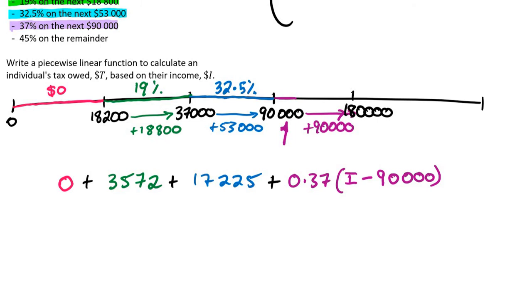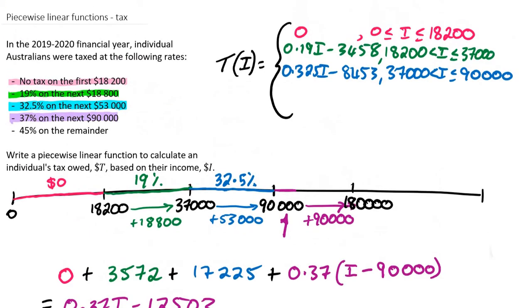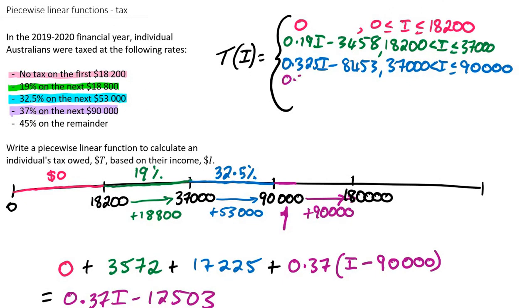Tidying all of that up in one go, that's going to give us 0.37i minus 12,503. And we add that to our piecewise function. Its domain is 90,000, not included, 90,000 was included there, up to 180,000.